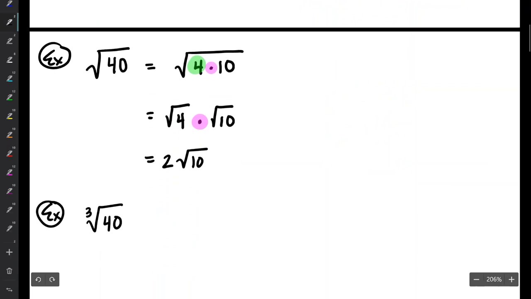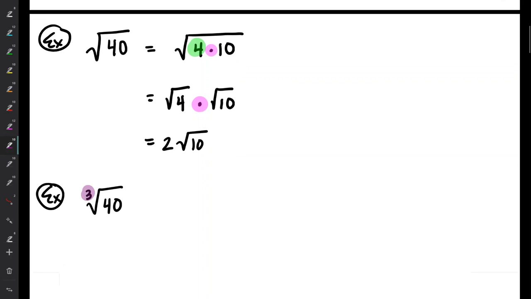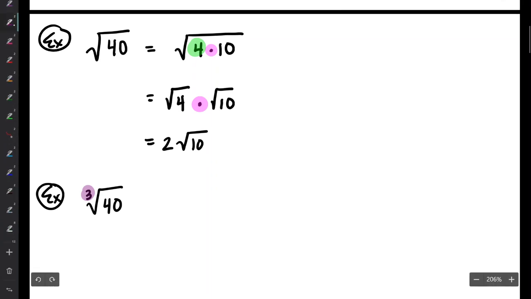Okay, so now I want to factor 40 differently because we're taking cube roots. The game that I'm playing is what perfect cube divides in evenly to 40.